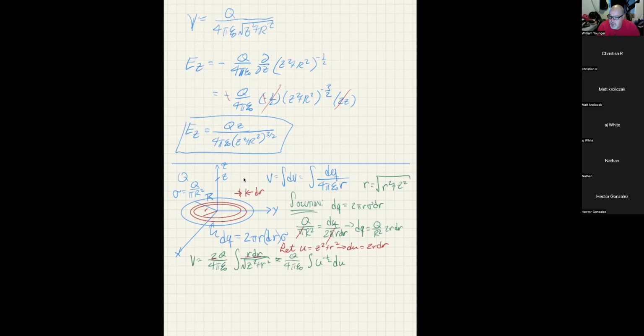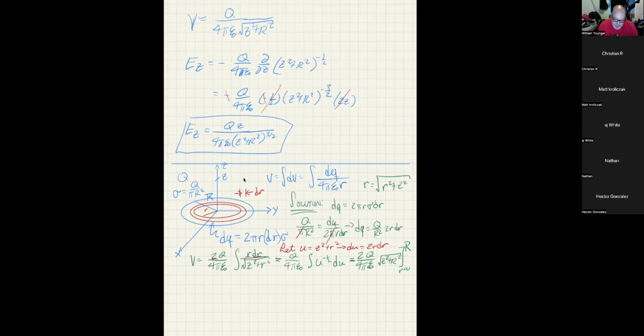So it'll be u to the positive 1/2. And then I'm going to divide it by positive 1/2, and that's the same as multiplying by 2. So I'm going to get 2 on the top, Q over 4 pi epsilon naught, times the square root of z squared plus r squared. And now I've got to evaluate that from r equals 0 to big R, which I couldn't have made that uglier if I tried.